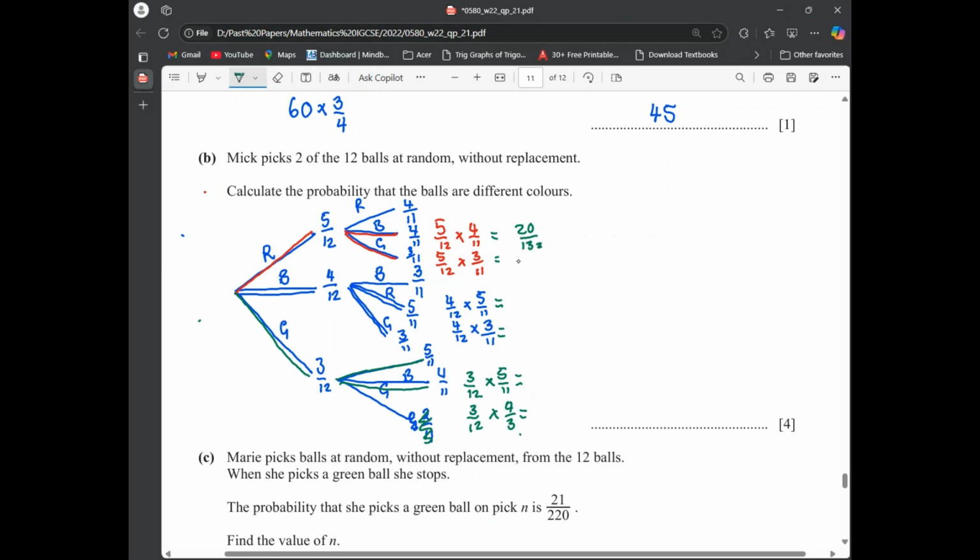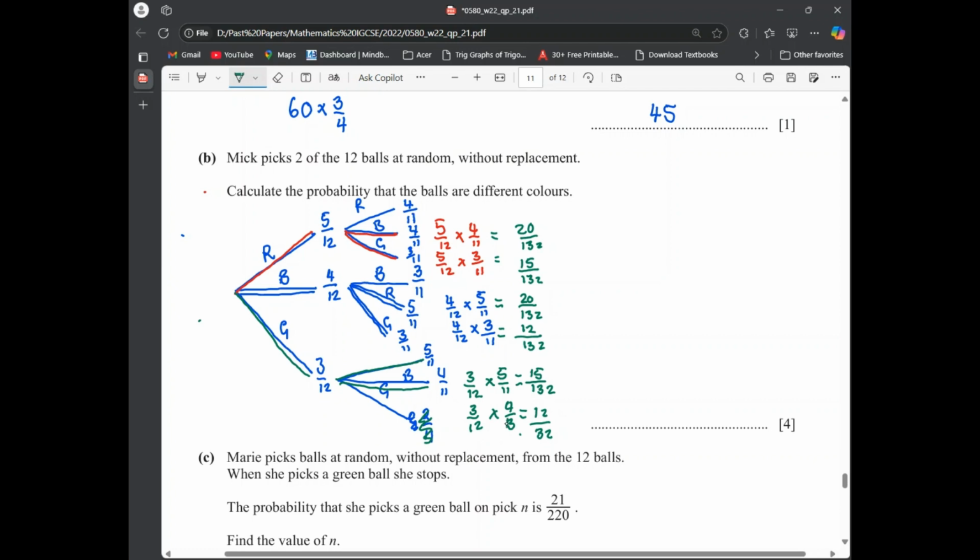Second one's going to be 15 out of 132. 20 again out of 132. 12, 4 times 3, 12 out of 132. 15 again out of 132, and the last one should be 12, 3 times 4 out of 132, right? Something is not happening there.